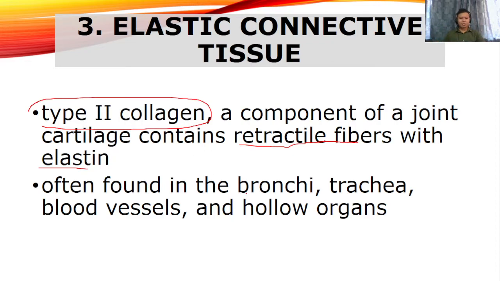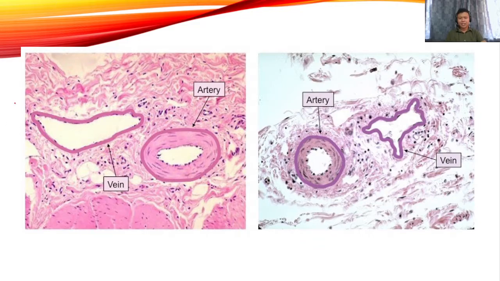Often found in the bronchi, trachea, blood vessels, and hollow organs, just like in our veins and arteries, since they are capable of accepting a high pressured flow of the blood, or allowing the passage of the blood when we curve or retract our joints, because if we retract our joints, there are chances that there will be a restriction of the blood flow.